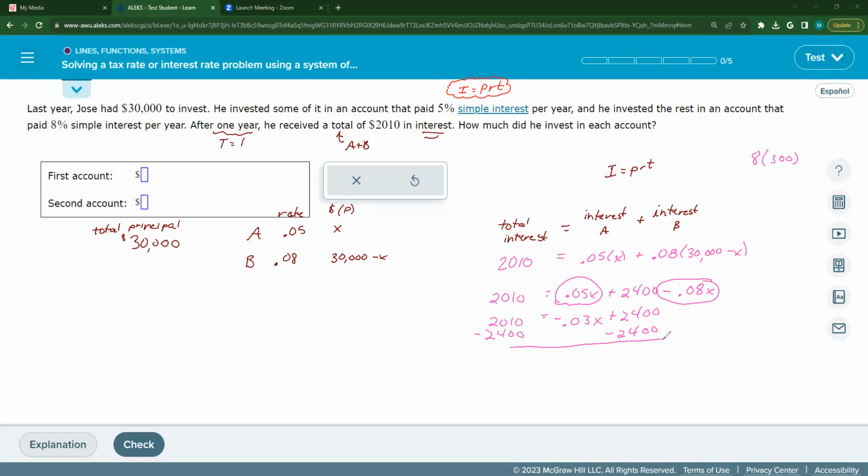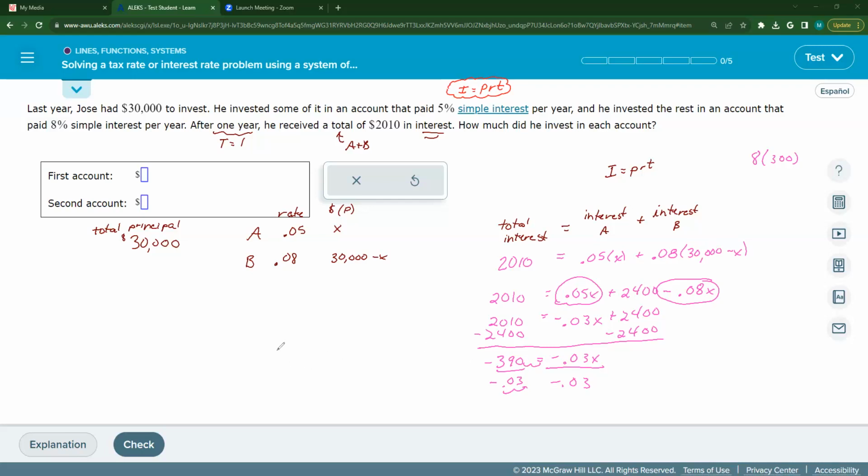This is going to be negative 390, and it's a negative because I'm subtracting more, equals negative 0.03x divided by negative 0.03. Move my decimal 2 spots.